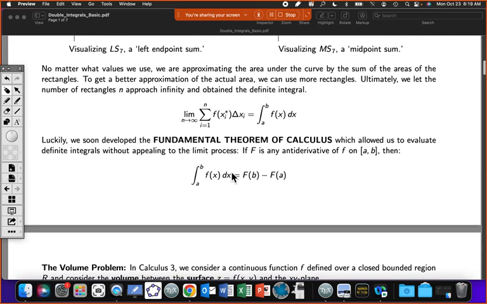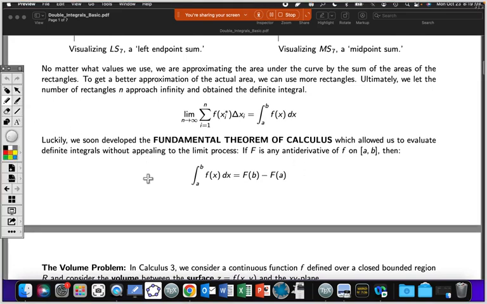And then we had the fundamental theorem of calculus, which said that you could circumvent the limit process as long as your function was continuous on the closed bounded interval AB. Then you could calculate this quantity by looking at the difference of any antiderivative from B to A. Okay.